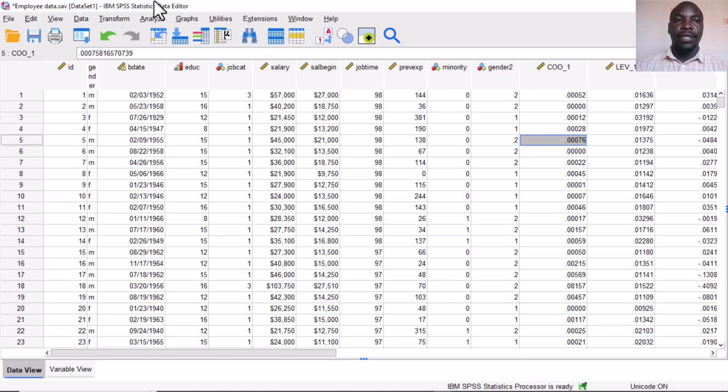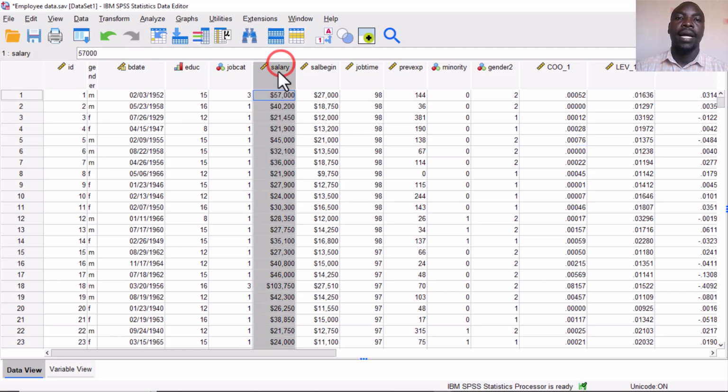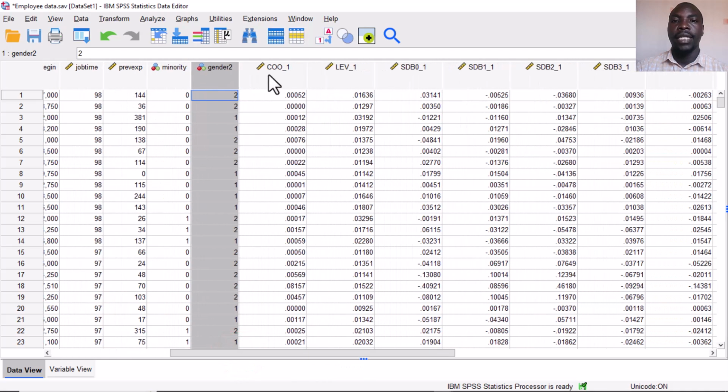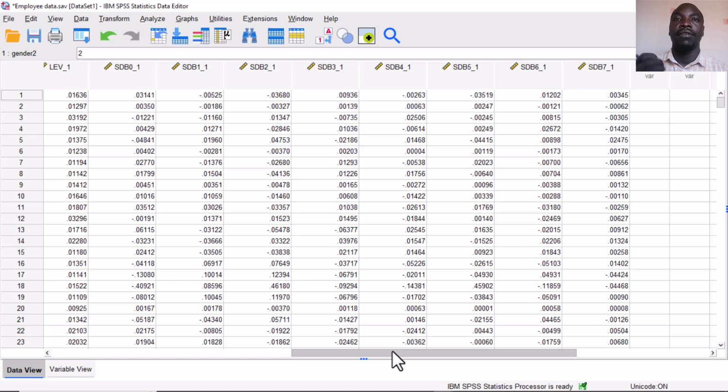We checked assumptions. So we have a data set of employees with their characteristics, and our outcome is salary. We want to predict someone's current salary based on a number of characteristics. We had 8 variables that end at gender, but these other variables, the Cook's distance, the leverage, and the DFBetas, were generated during the process of checking for assumptions.